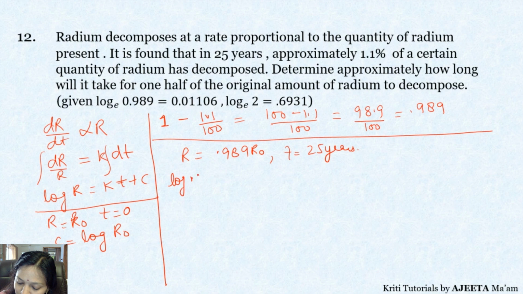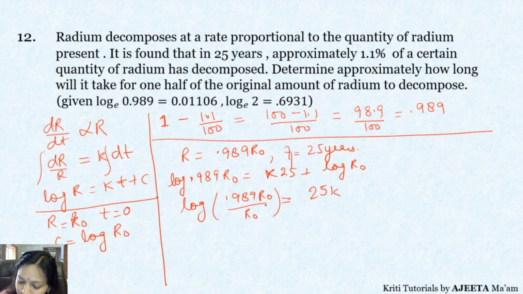So log 0.989 r0 is k into 25 plus log r0. Sorry. Let's use the property of log. 25k. So log of 0.989, ये value आपको given है already.